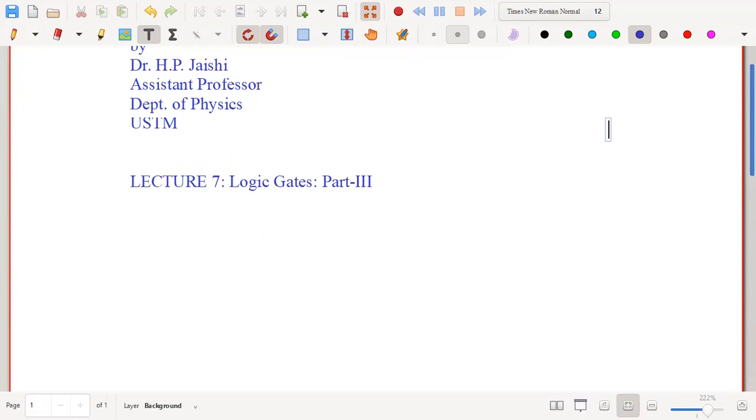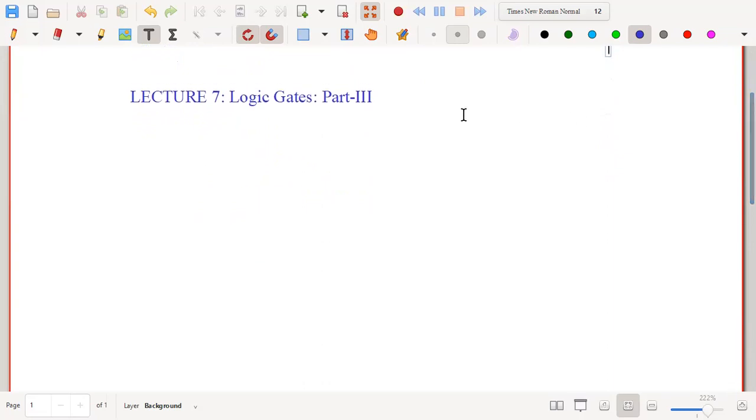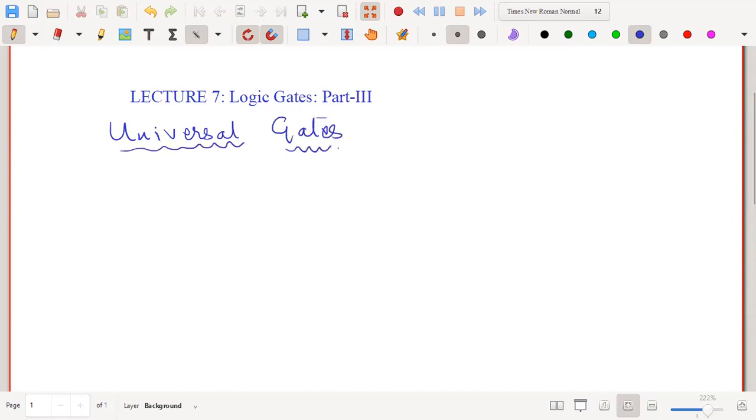Today's discussion would be, first, on the universal gates. Let me write it down here. Universal gates. The first thing is why they are known as universal gates.